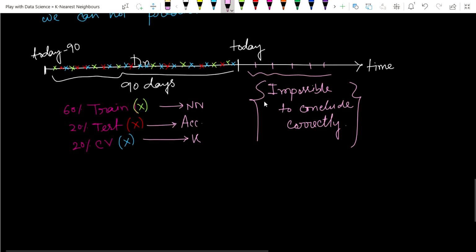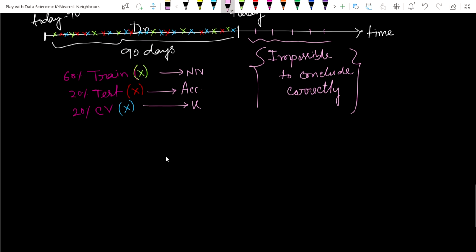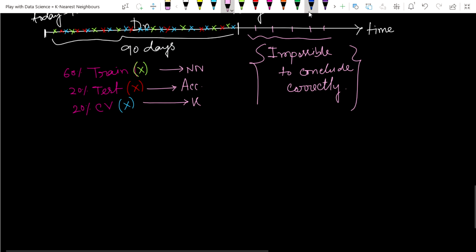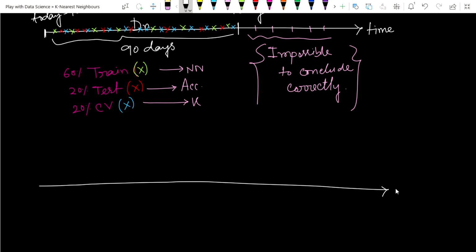So how do we get rid of this in such situations? Let me draw the same picture again. This is our time axis, and this is today's timestamp.